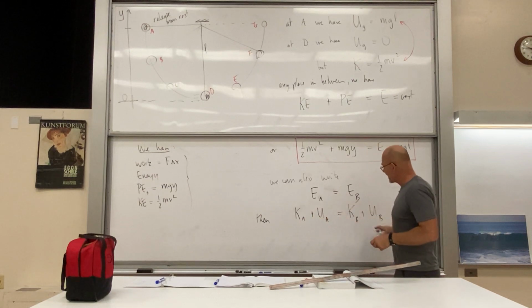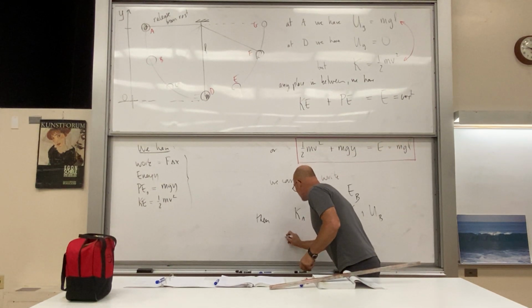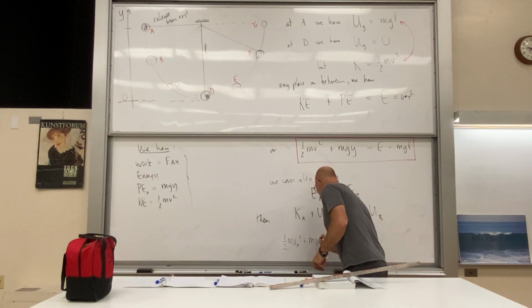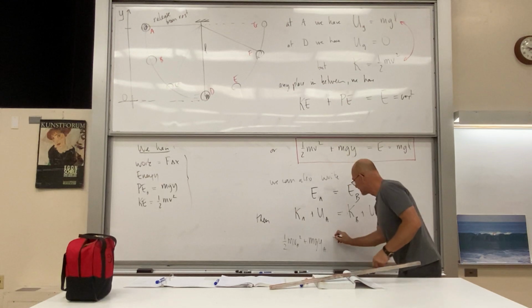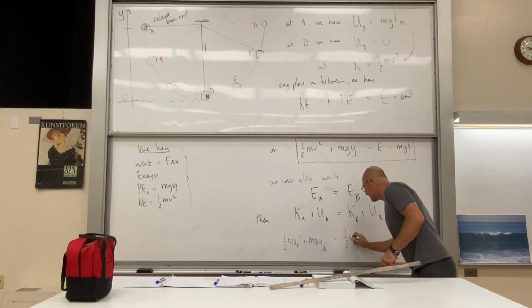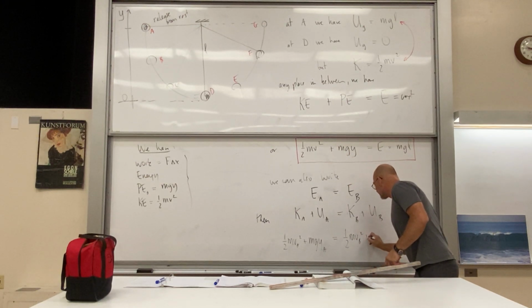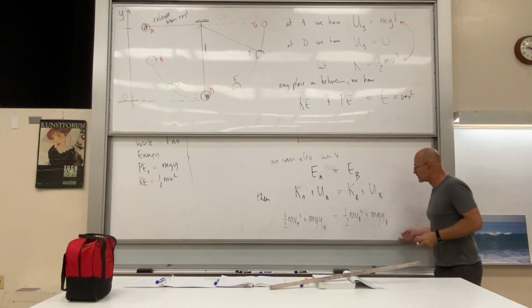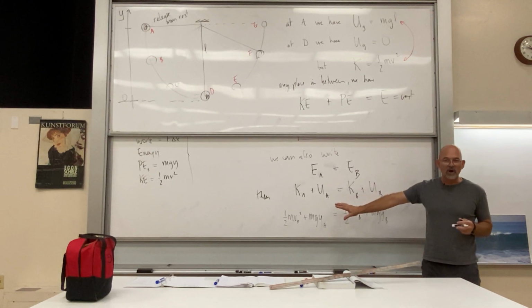Then you've got the kinetic, and then you can write 1/2 m v_A squared plus m g y_A is equal to 1/2 m v_B squared plus m g y_B. And then you've set up a true equation that allows you to solve for one unknown.